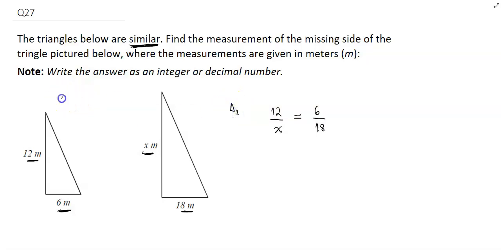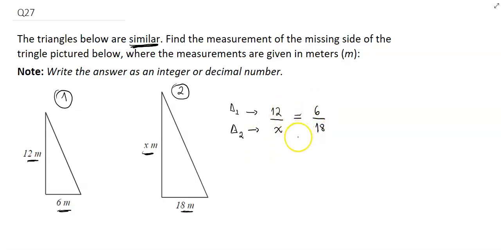I'm going to call this triangle 1, and this is triangle 2. And here I'm putting information of triangle 2. So the 12 from triangle 1 corresponds to the measurement x of triangle 2, the same way that the 6 corresponds to 18.